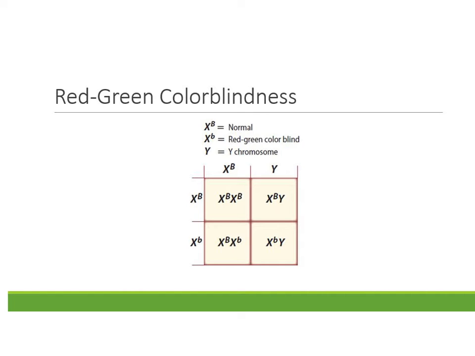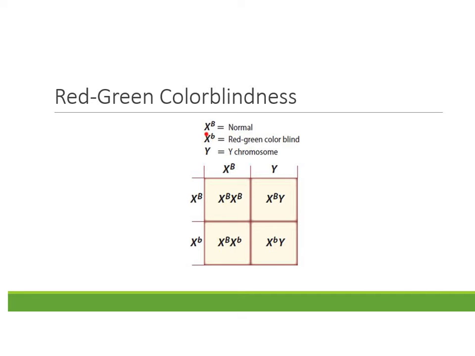Here's an example that's already done for you, but I want you to write it down. We're going to look at red-green color blindness, meaning you can't see those colors. X to the B, superscript. The X's and Y's still just show whether it's a male or female. If you have a capital B as your superscript, it's going to be normal vision, so not colorblind.